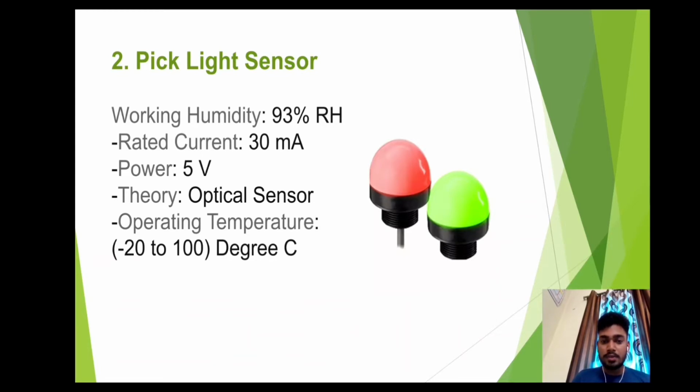The voltage required for this peak light sensor is 5 volt, and it is also known as an optical sensor. The operating temperature of this sensor is minus 20 to 100 degrees Celsius, which means it has a great variable temperature range.